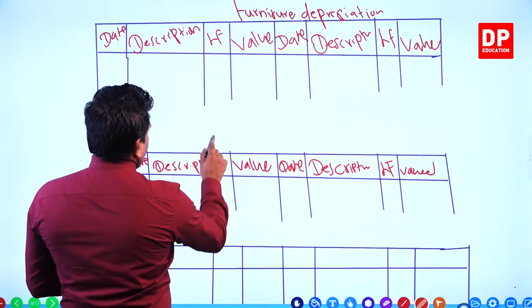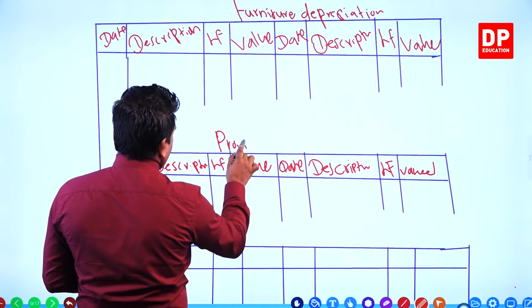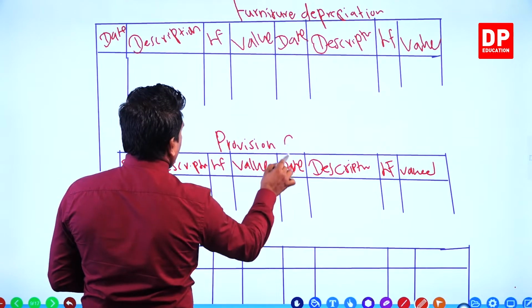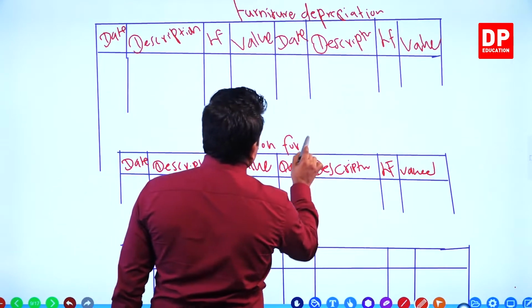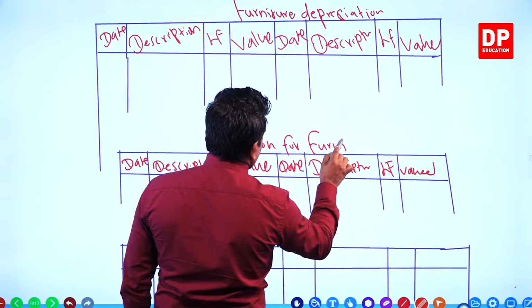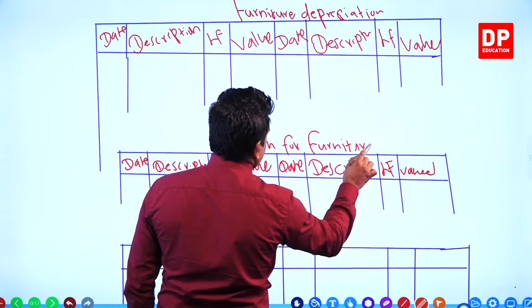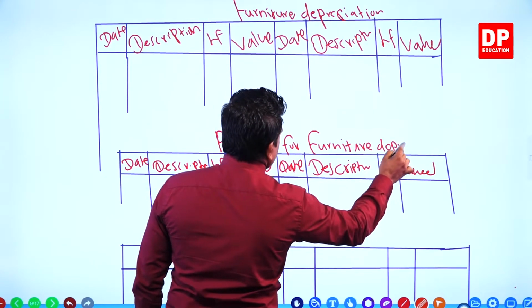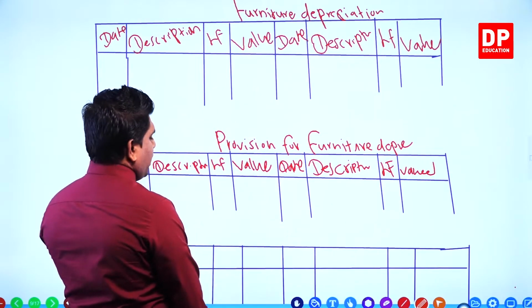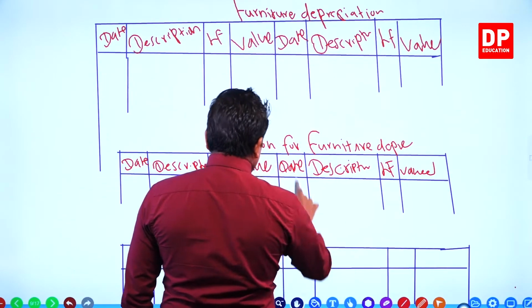The second account should be provision for what? Provision for furniture depreciation, right?